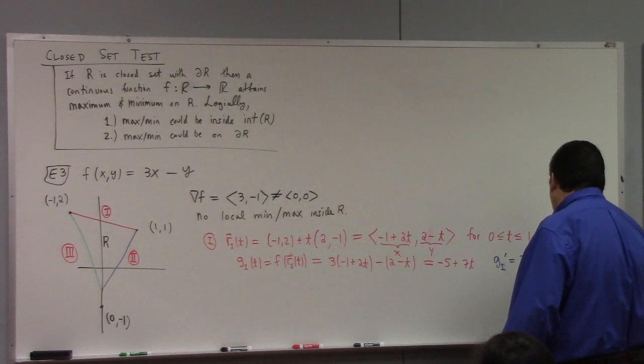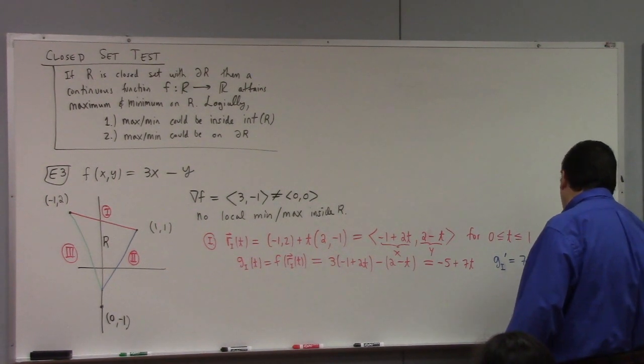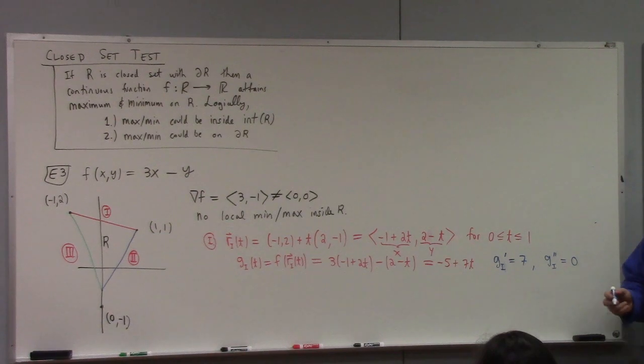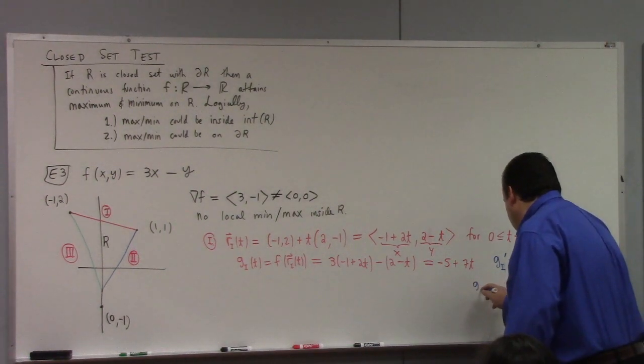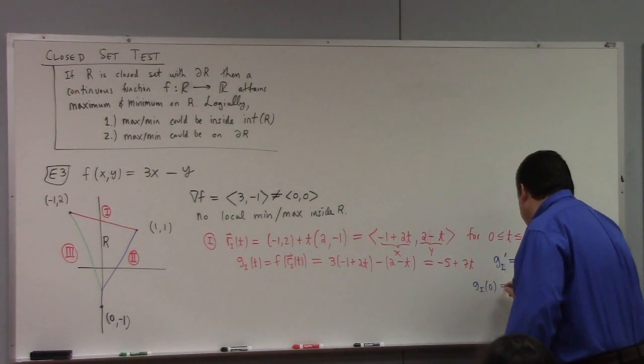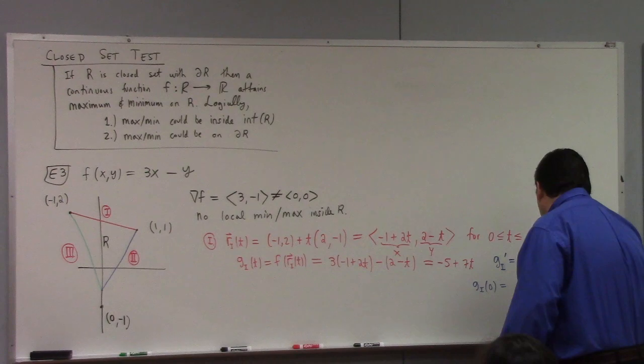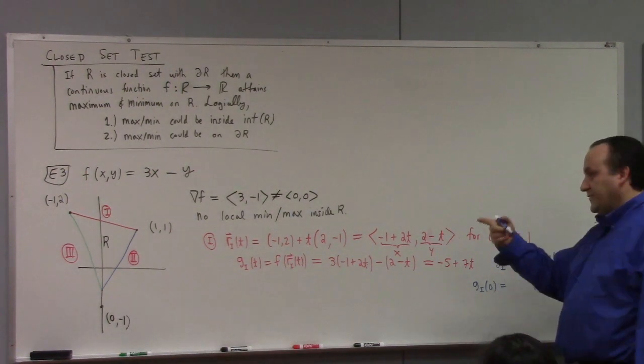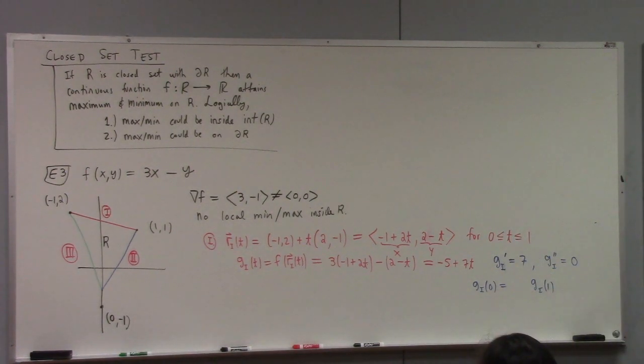And what's g1 prime prime? 0. What does that tell you? Just like f, the max or mins of g1 also have to occur on the endpoints, on the edge. There can't be a place between 0 and 1 where it's maximized. So if I check g1 of 0, and if I check g1 of 1, those are the places where the function restricted to the red leg could be maximized or minimized.